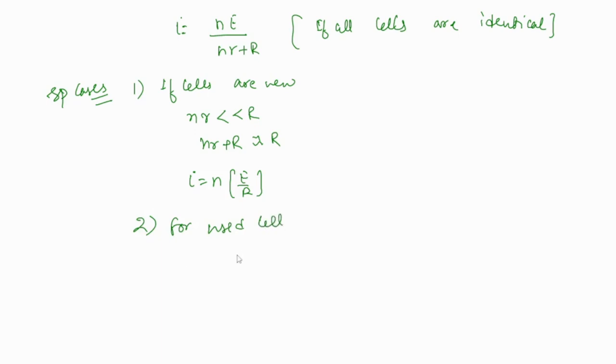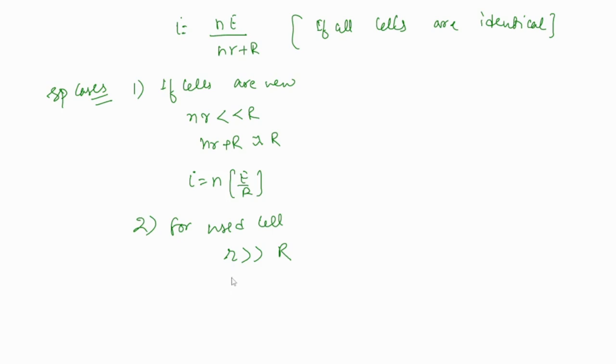For used cells, small r will be very much greater than R because they are used, so their internal resistance will become very high. When cells are new, their internal resistance is actually quite low.